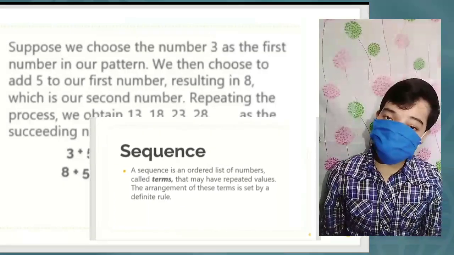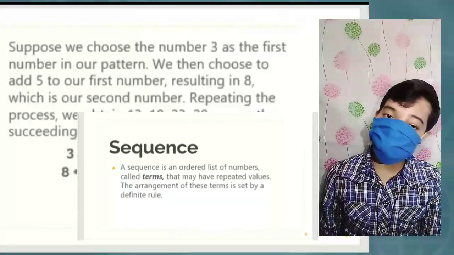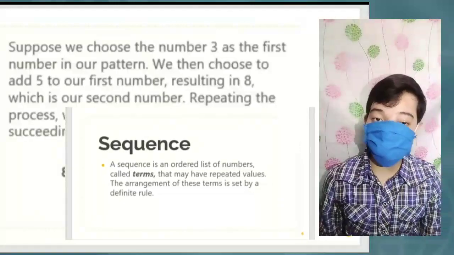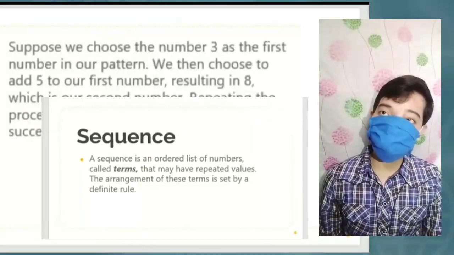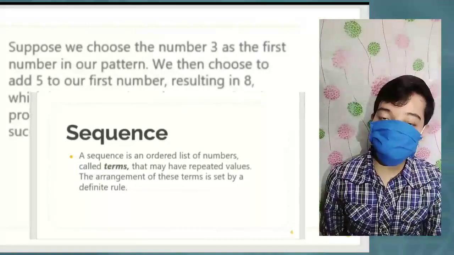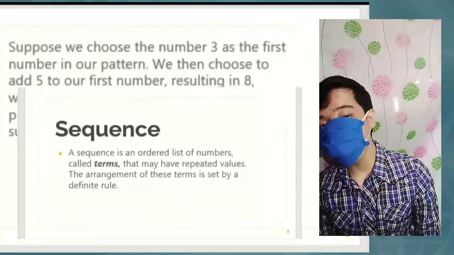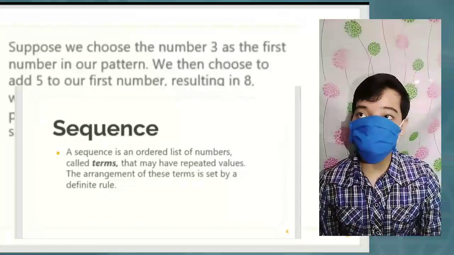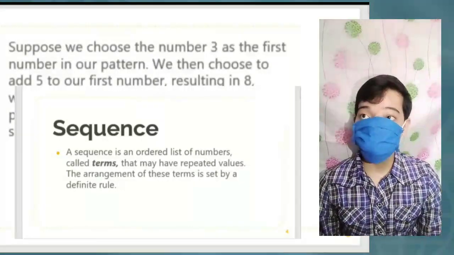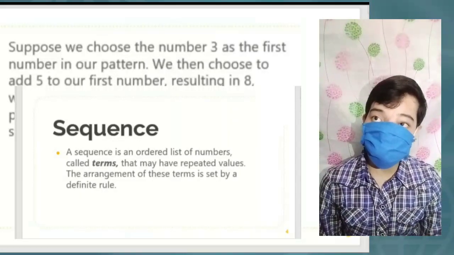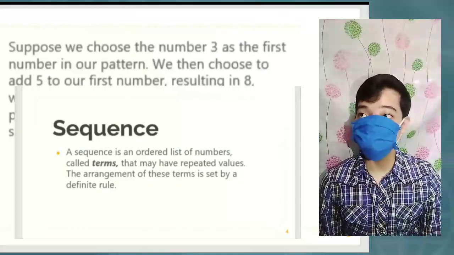That type of example is what we call a sequence. Remember, a sequence is an ordered list of numbers arranged by a definite rule.